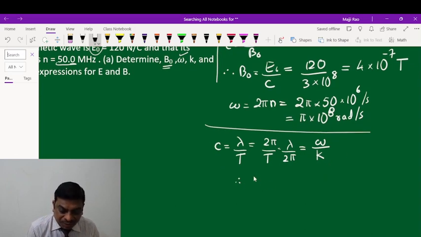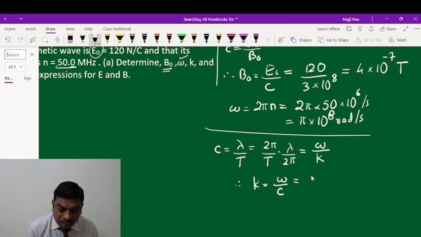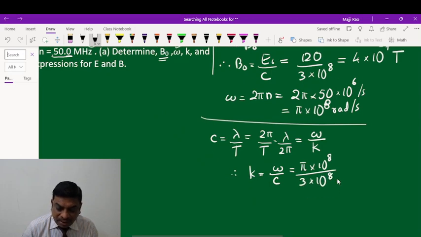Therefore k is equal to omega by c. Omega is pi into 10 power 8 radian per second, and c is 3 into 10 to the power 8 meters per second. So finally we have pi by 3 per meter.